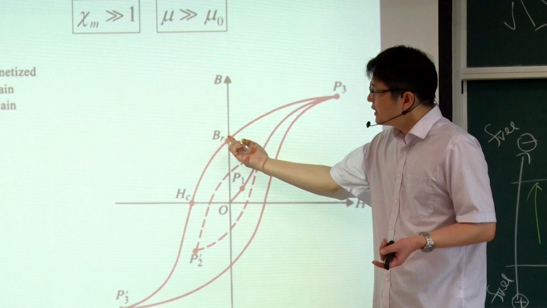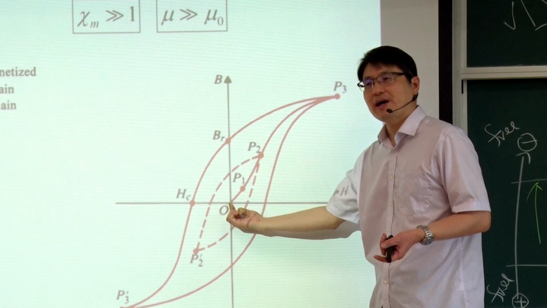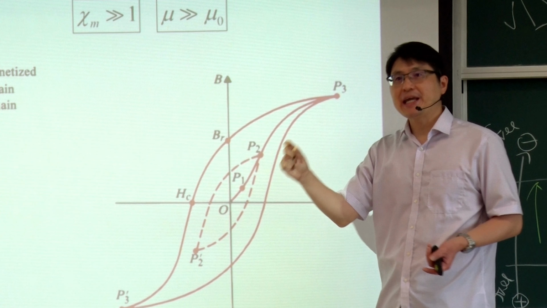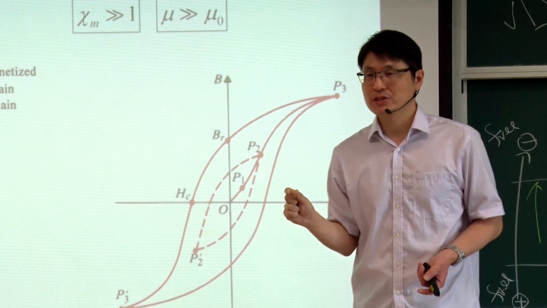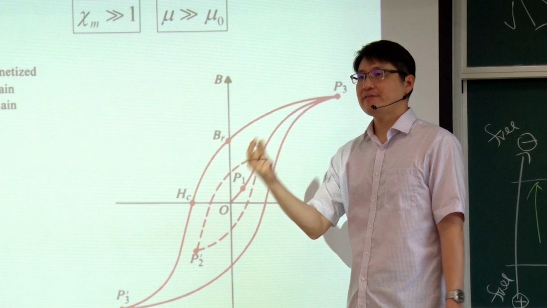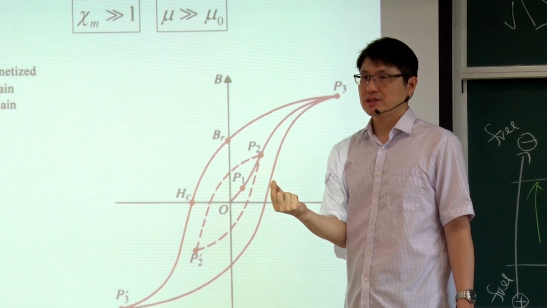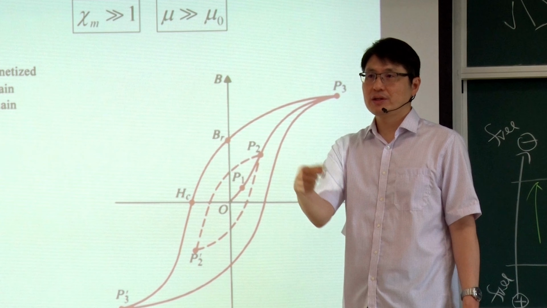So somehow, even though now without any applied field, your material remains magnetized. So at this point, you have fabricated a permanent magnet, right? The thing we use every day.